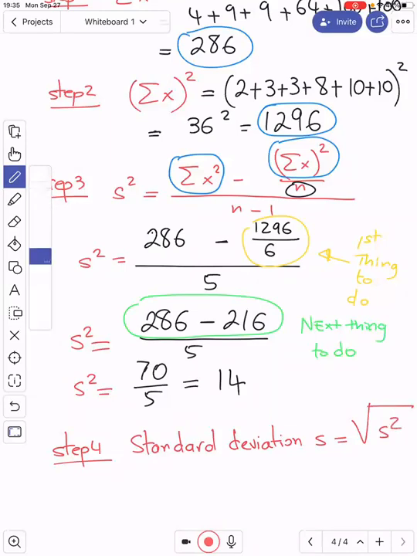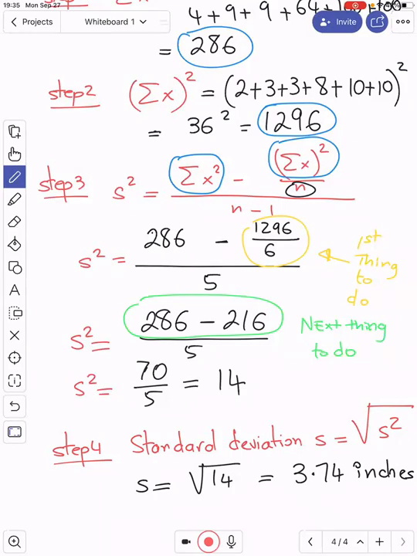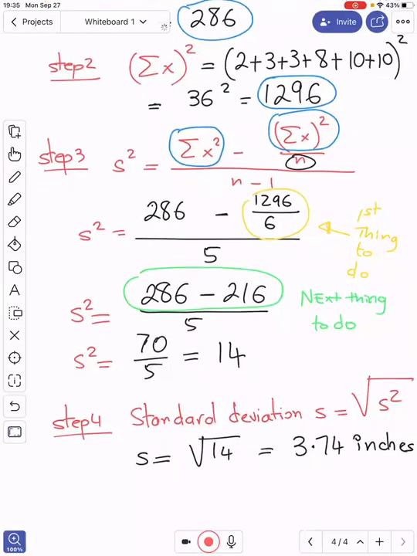In other words, S is the square root of 14, which is actually 3.74 inches. As we expected, the remark is the following.